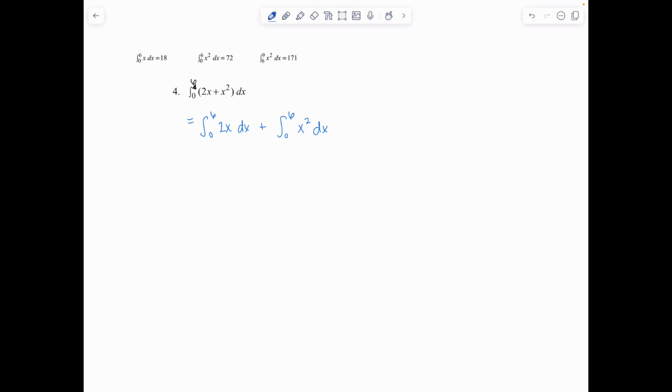And then I'm going to pull that constant 2 out front. So we have the integral of x dx and the integral of x squared dx. And now we can use the values that we've been given. So we have 2 times the integral from 0 to 6 of x dx, which is 18, and then the integral from 0 to 6 of x squared dx is 72. And 2 times 18 plus 72 will give us 36 plus 72, totaling 108.